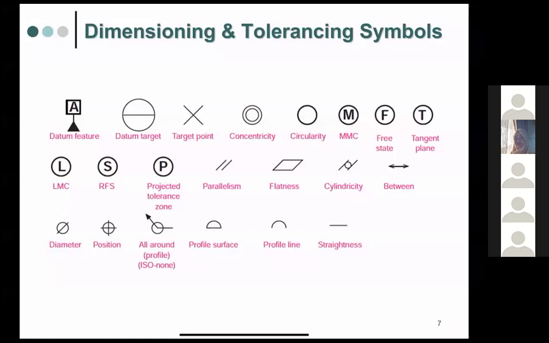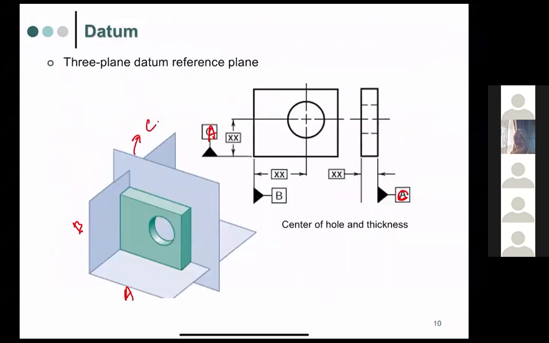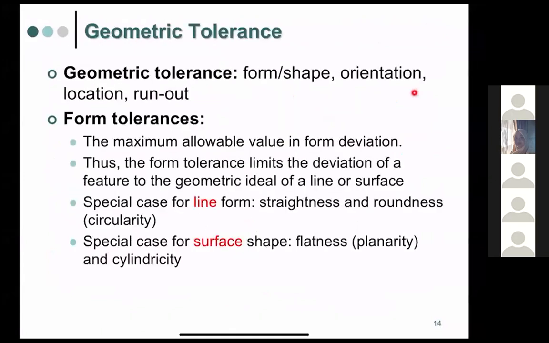So we're gonna learn all of this, and also perpendicularity and so on, one by one, and how can we place them into the feature control frame like this. Right, okay, so this is also, for example, if there is a plot like this, this one is the concentricity, this is center point, and then it can be also like this center point. Okay, now let's talk about geometric tolerance.